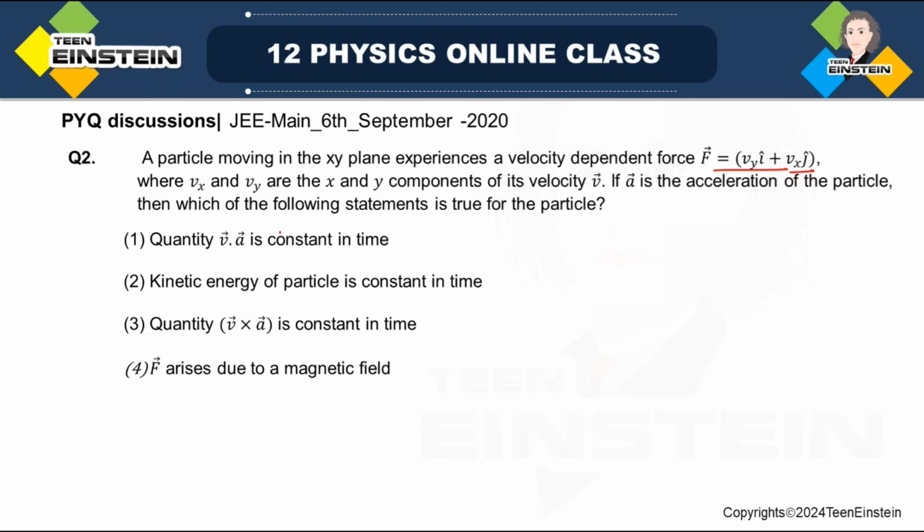Then which of the following statements is true for the particle? Okay, so what is given here? Force is given, vy I cap plus vx j cap. Okay, so if I want to get the acceleration, I just do this. Okay, then I get the acceleration.